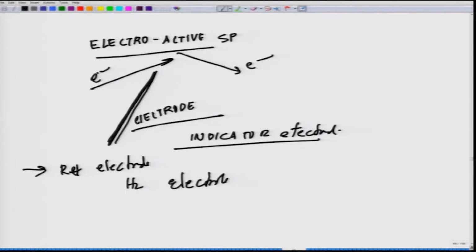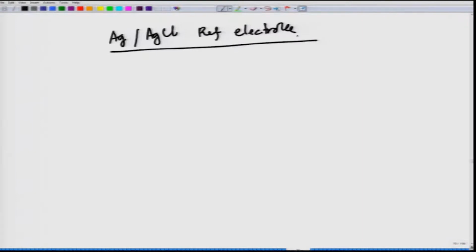And now, we will talk about the next, silver chloride reference electrode, which is also in short called AgCl reference electrode.